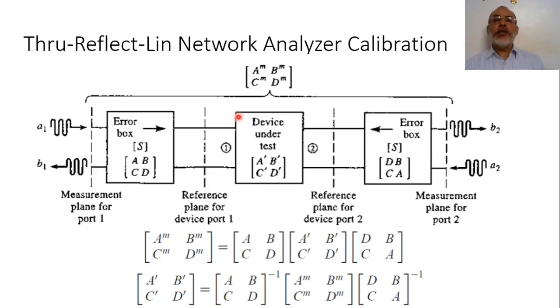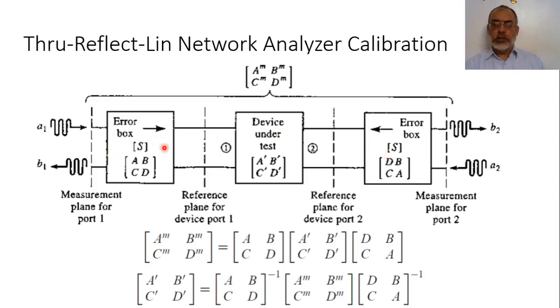In terms of the ABCD parameters, we can say that the measured ABCD parameter, ABCD of the measure, is the ABCD of the error box multiplied by the ABCD of the device under test multiplied by the ABCD of the other error box.